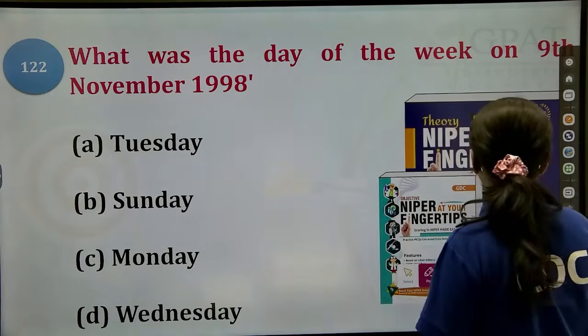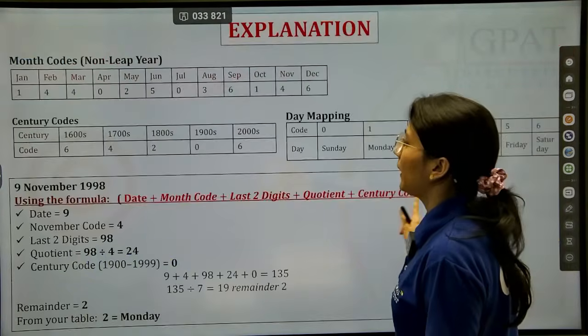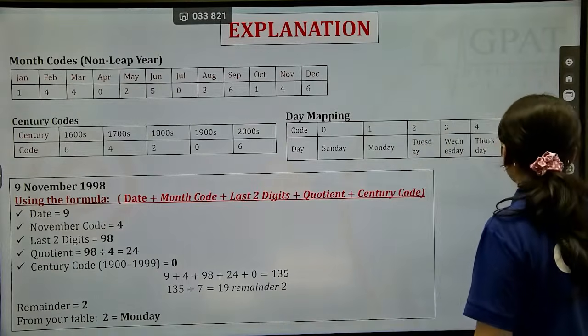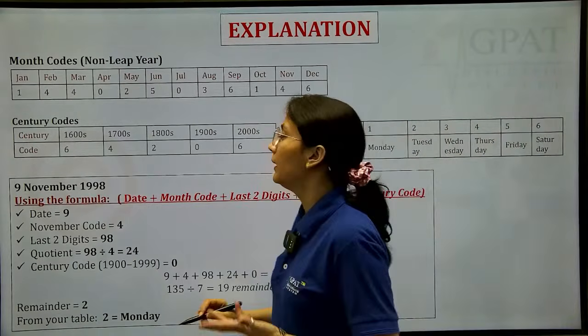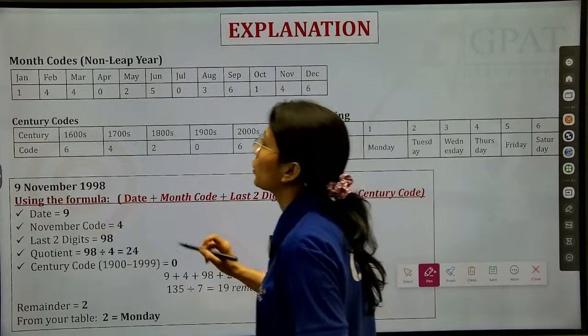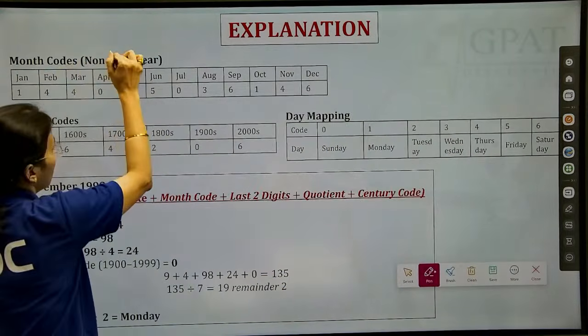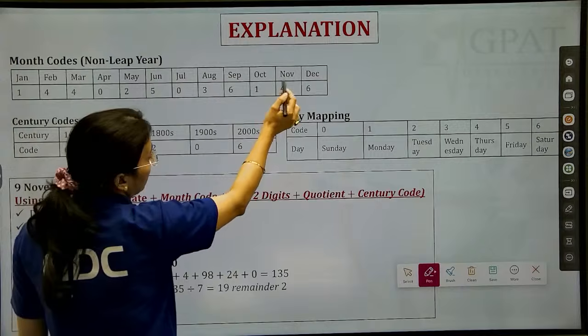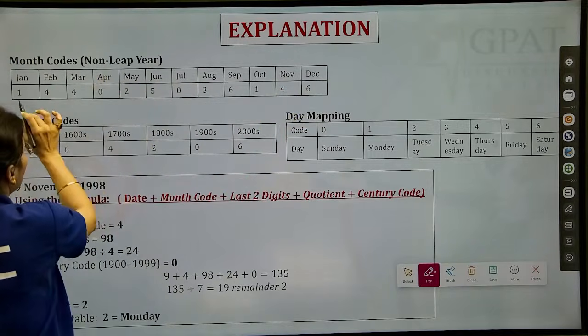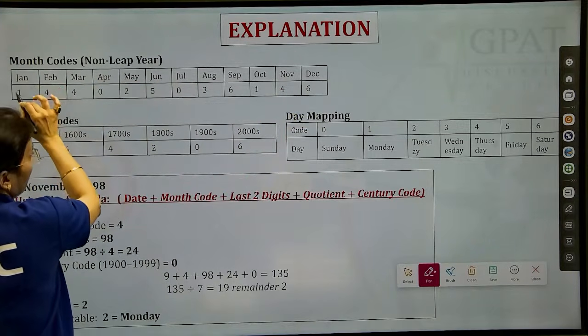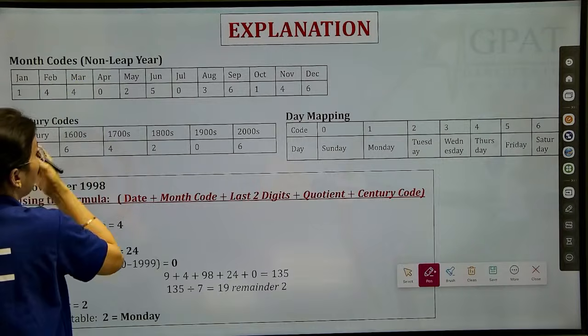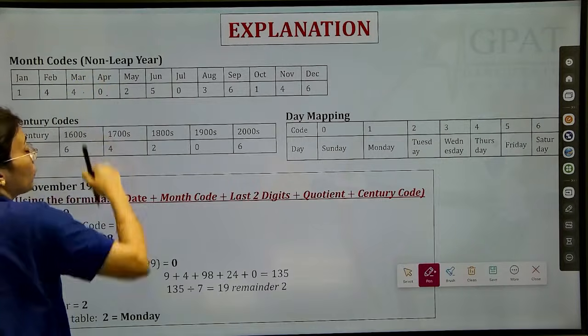So let's see how to solve this. For this, we have some codes for month, century and day mapping. For month: January, February, March, April, May, June, July, August, September, October, November, December. We have code 1 for January, 4 for February, 4 for March, 0 for April.